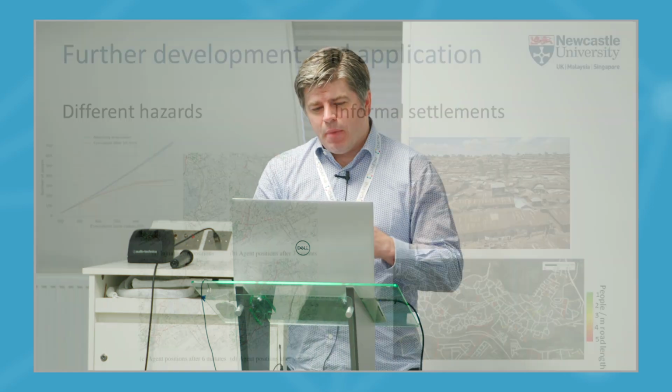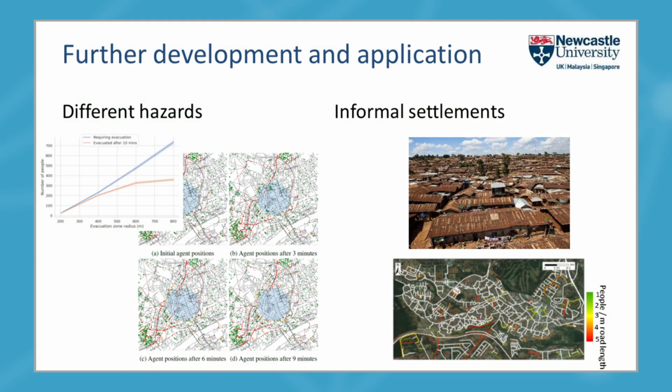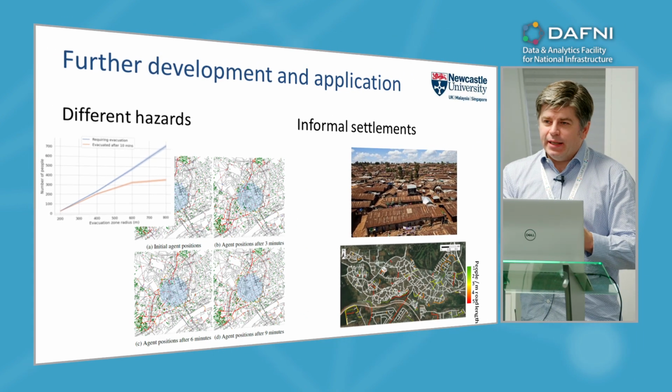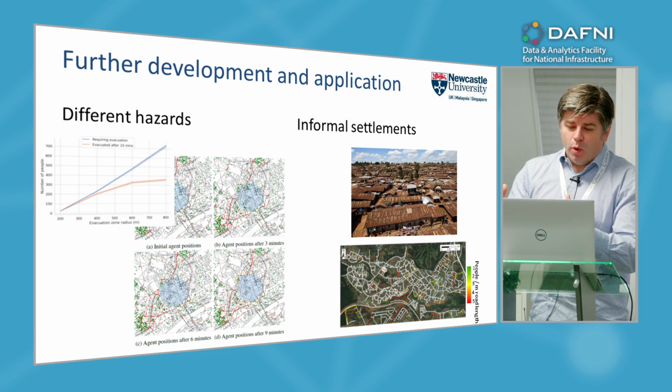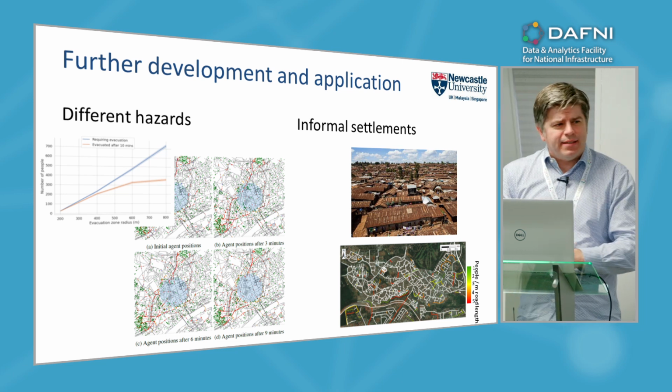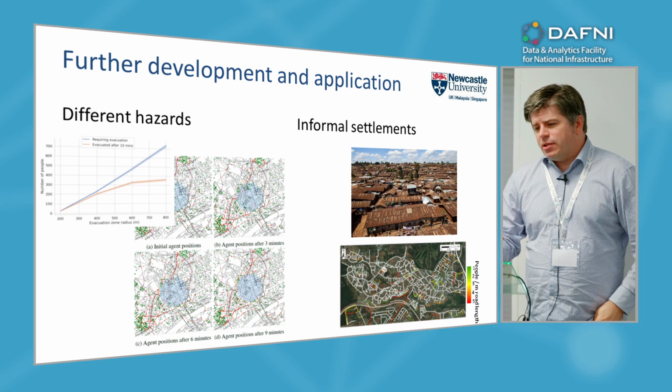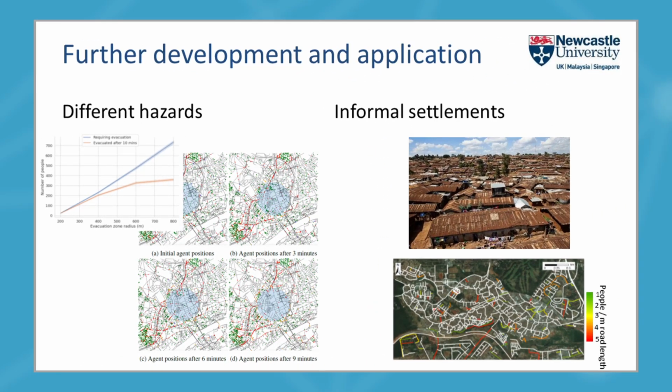And I said at the start that Michael and Olivia had been busy looking at alternative directions and ways forward for this, and Michael's been doing some nice work looking at different types of hazards. In this case, it's a bomb threat in Newcastle, working with the local resilience forum there. And Olivia's been looking at how this tool, which does need quite a lot of data, could be adapted and transferred to places where data is maybe not so rich and easily accessible.